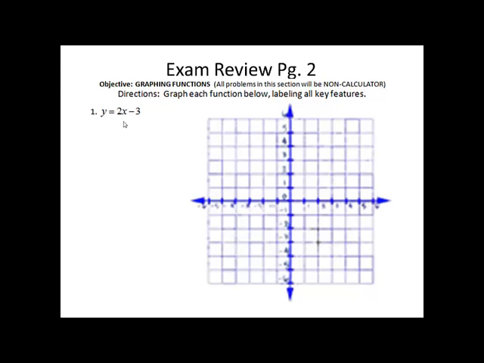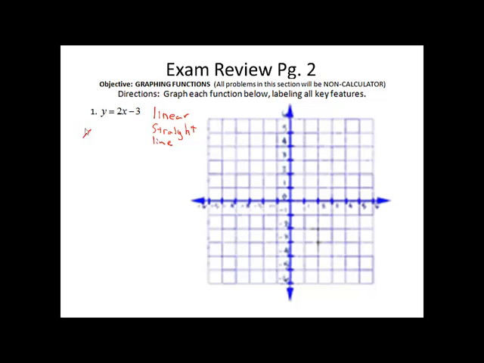There are not exponents in this function, so we have a linear function. So the important thing about the linear function is that we're going to be looking at a straight line, with a constant slope and a y-intercept.